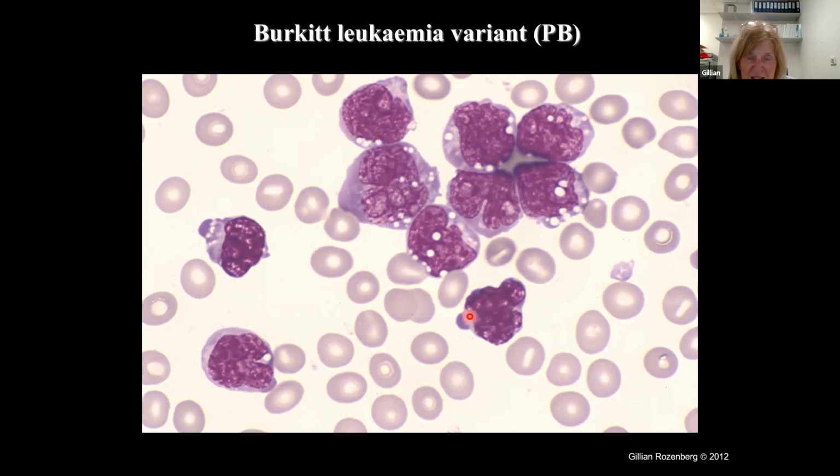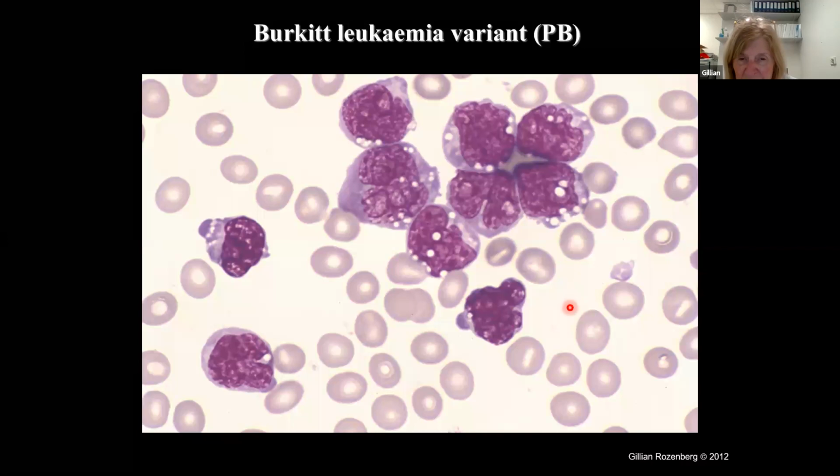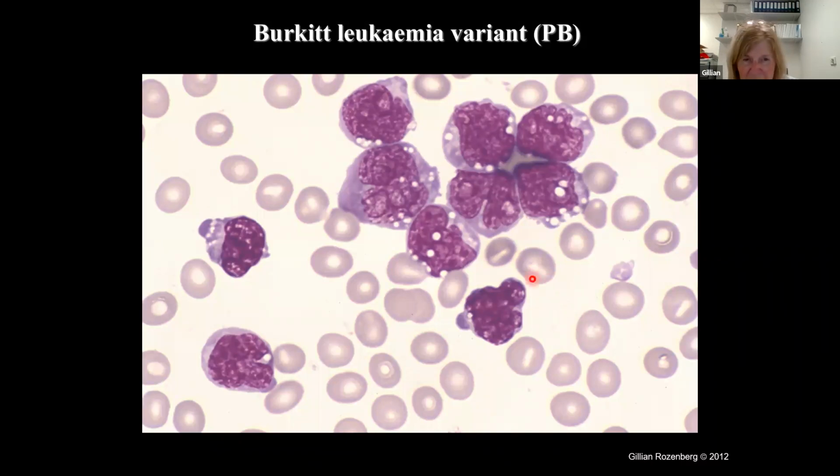You can see the nucleoli are quite often not that obvious. There's such a lot going on. There's vacuoles in the cytoplasm, and actually vacuoles can overlie the nucleus as well. And just for fun, I once gave a case of this to anatomical pathology and asked them to do an oil red O stain for me on the case because I wanted to know what was in the vacuoles, and I'll just tell you it's lipid.